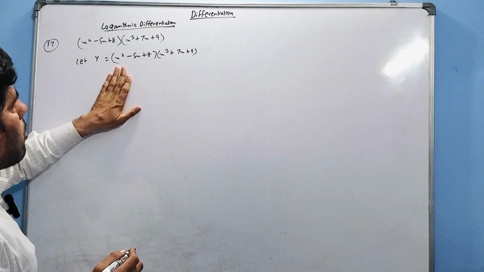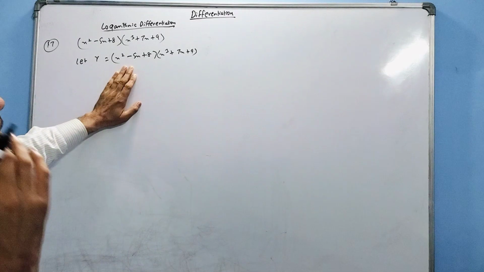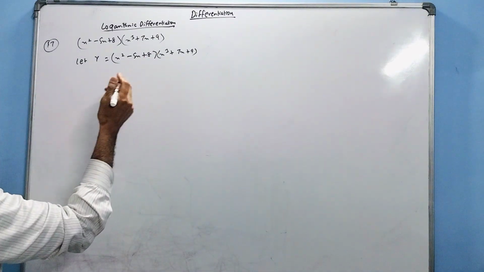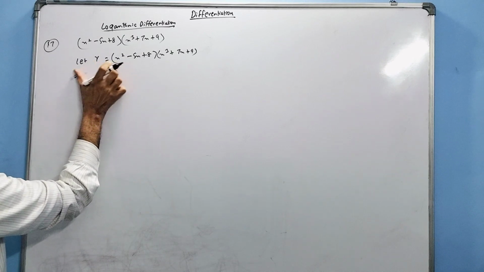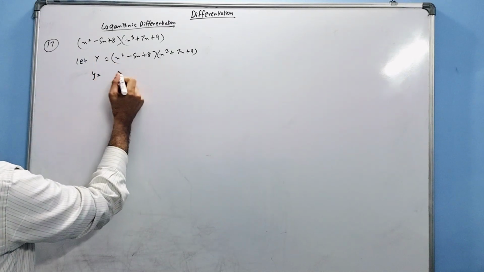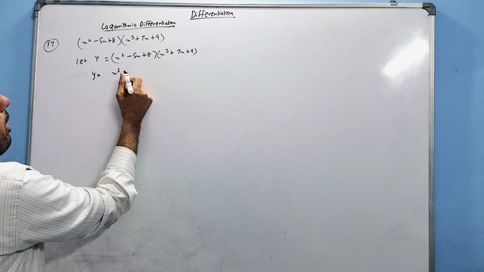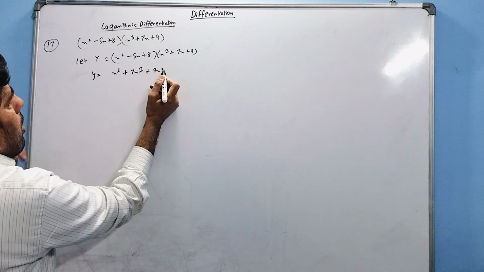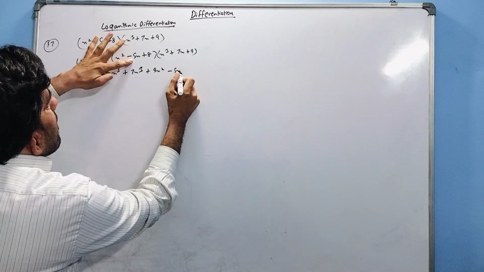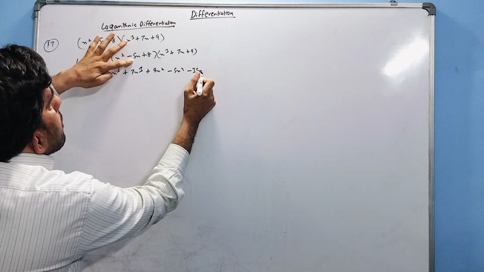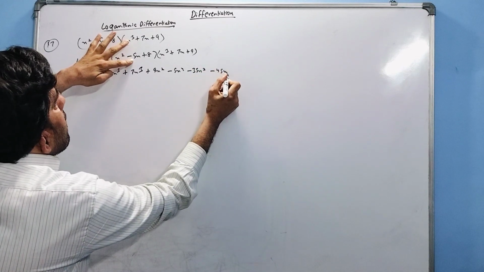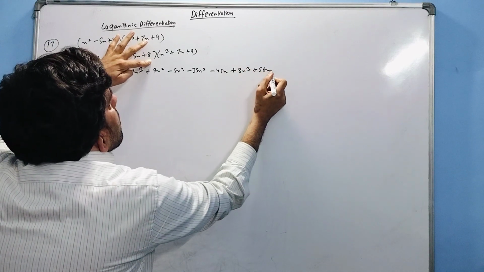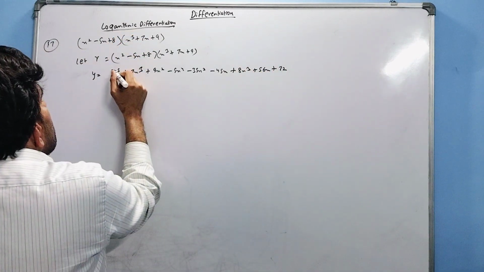What we can do here is multiply each term, by expanding we can say y is equal to x to the power 5 plus 7x cube plus 9x square minus 5x4 minus 35x square minus 45x plus 8x cube plus 56x plus 72.